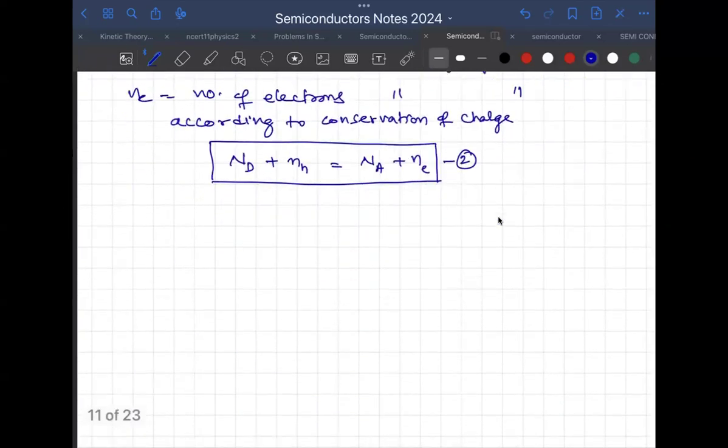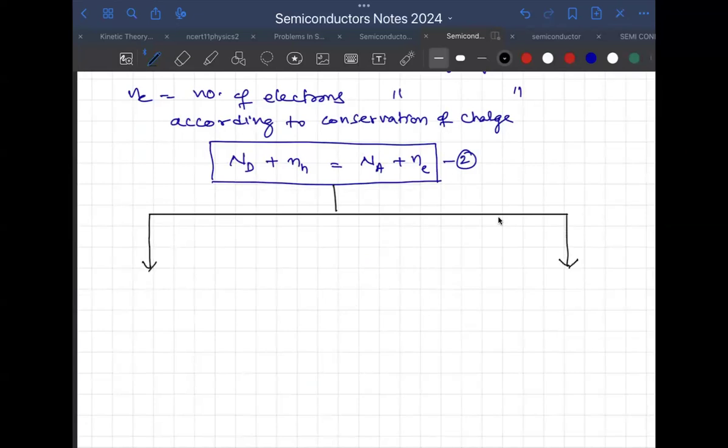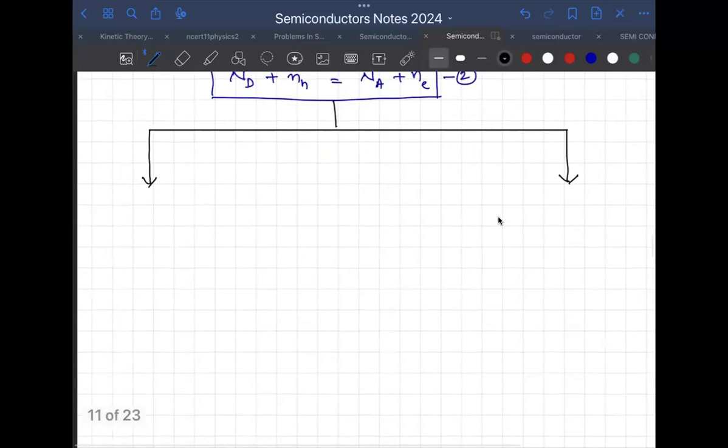Now, see again, let us purely focus on p-type material. P-type material refers to what?